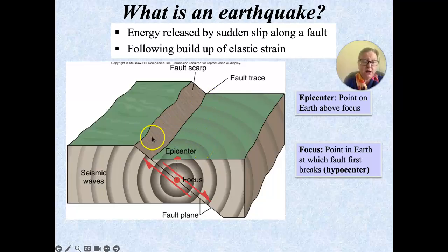And this little cartoon is showing some lines indicating the direction that this block has moved. It didn't move sideways, it moved down. And those are called slickenlines. And those can tell us what direction the two sides were moving relative to each other.